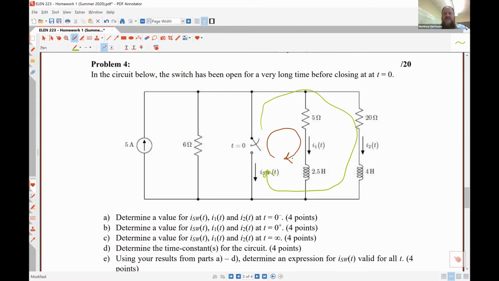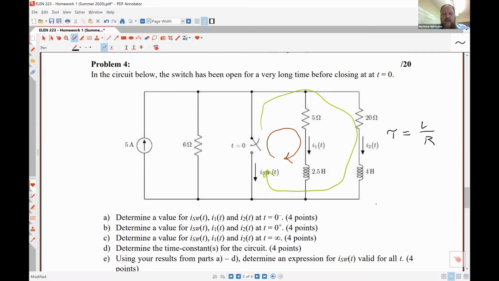So the time constant for an RL circuit is tau equals L over R, if I'm not mistaken. So for this guy, the time constant for inductor 1 should be 1/2, and the time constant for inductor 2 should be 4 over 20, which is 1/5 of a second. So 500 milliseconds and 200 milliseconds.